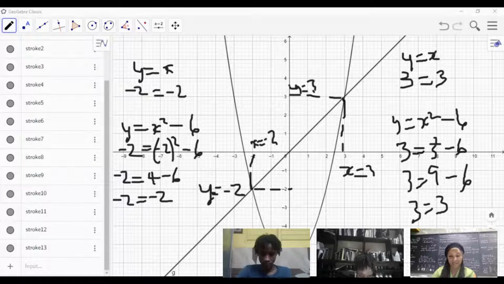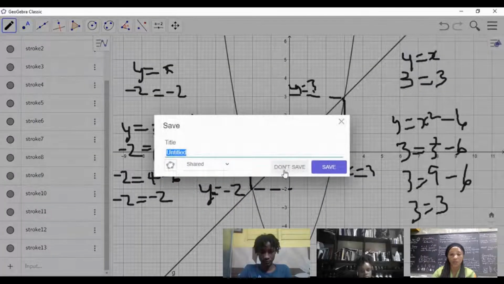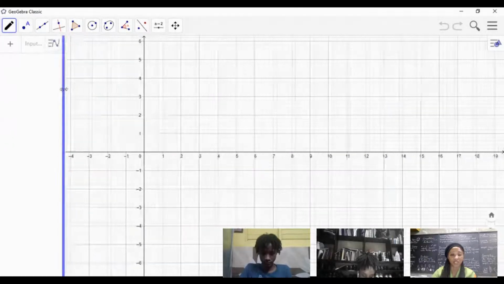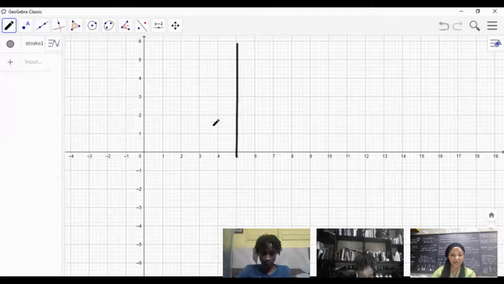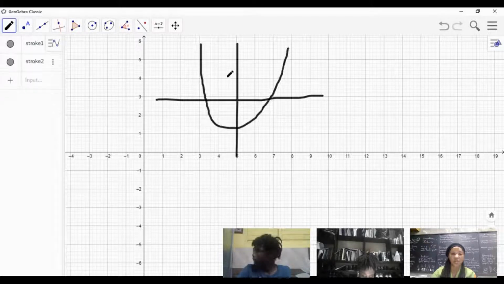Sorry, wrong slide. All right, so usually we have our quadratic function intersecting. So let's say that's our plane, and this is our parabola.